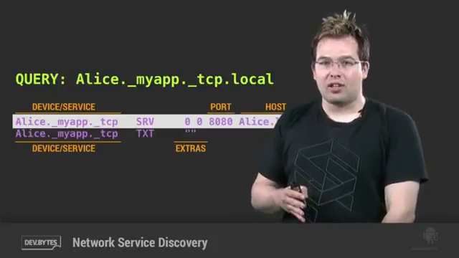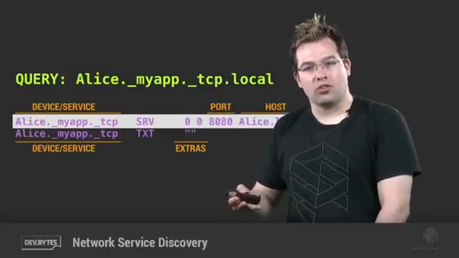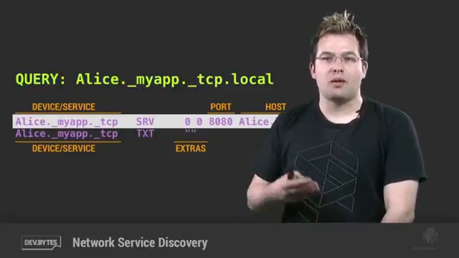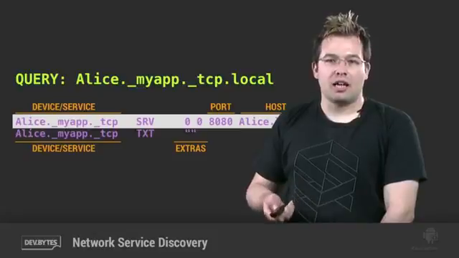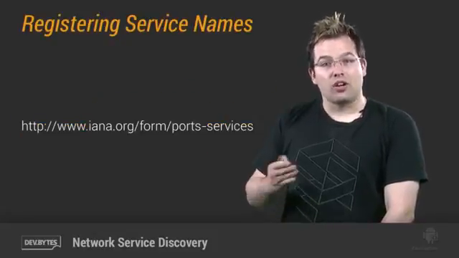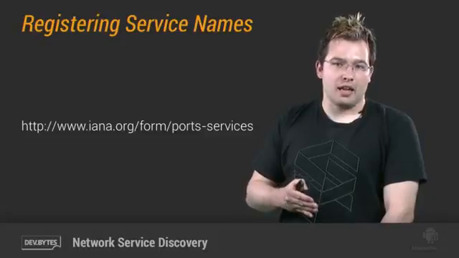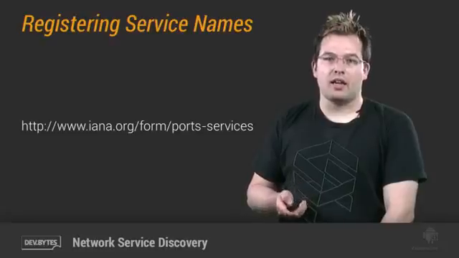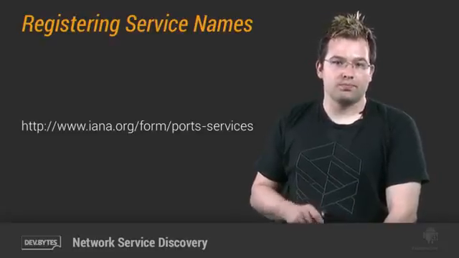Since we're using multicast DNS rather than the usual internet DNS infrastructure, there's no need to go and register these domains with any registrar or pay money. You can just simply broadcast them to network peers as they're needed. That said, it's still a good idea to register your service name with the IANA to prevent any name collisions. There's a free service on iana.org that'll let you do this.